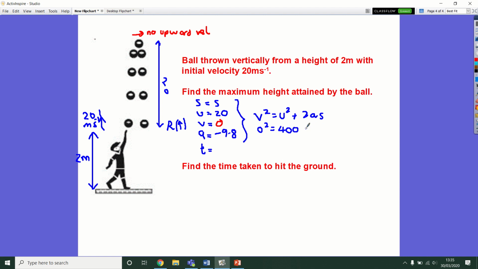And then I'll have minus, because of the minus that's over here, minus 2 times 9.8 times S. Okay, I'm going to solve for S. I'm going to add the term over here to the other side and divide, so that's 400 over 2 times 9.8, which is 19.6. Okay, so I'm going to divide those. 400 divided by 19.6 gets me 20.4 meters roughly.